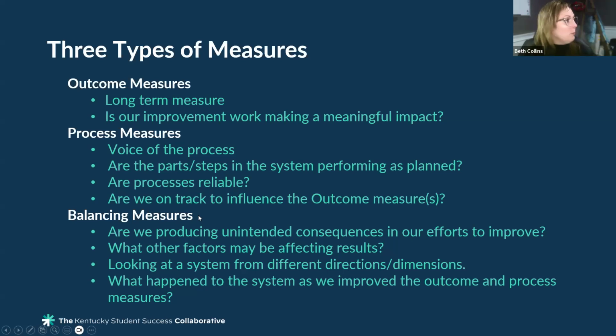It's that long, most likely lagging indicator type of measure. You heard me reference it as autopsy data, right? A lot of times we talk about it that way because once you get it, you just know how the patient either lived or didn't survive, whatever the situation was. You don't really know a whole lot more about that. If it's autopsy data, we just know how they died. We don't know how they lived.